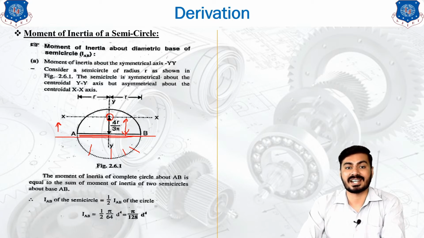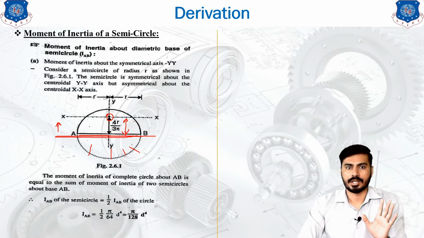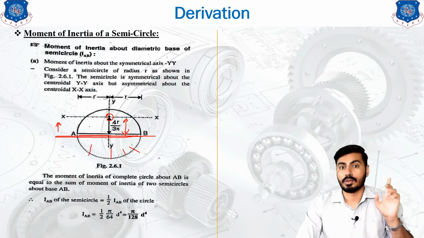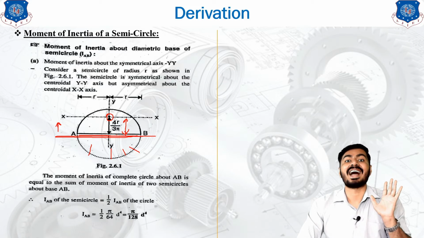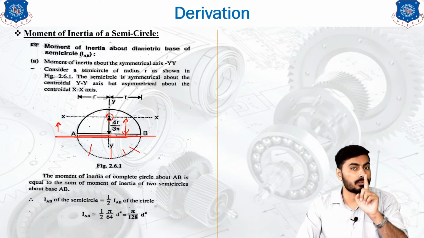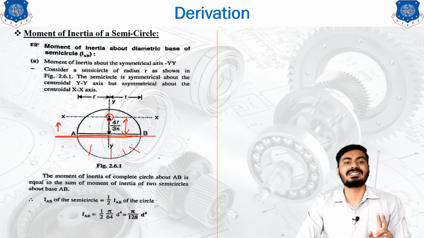This was the centroidal axis for the whole circle, but our intention is to find the moment of inertia of a semicircle, not the whole circle. For the semicircle, this is a diametral base axis, not a centroidal axis. So first, what we are going to do: the axis is the same.